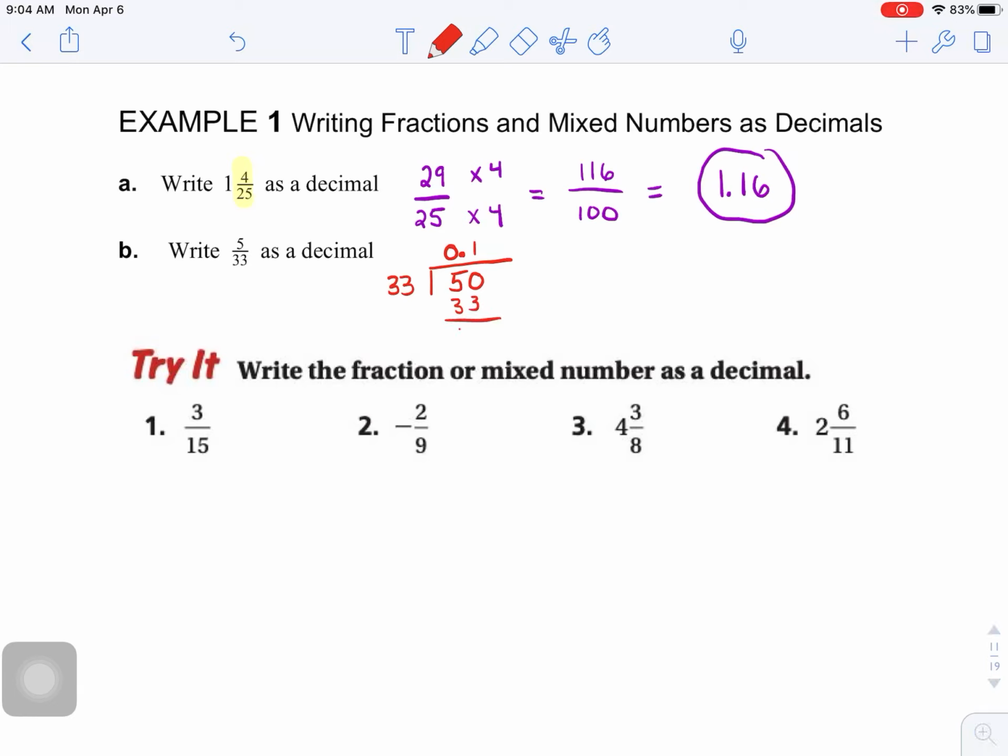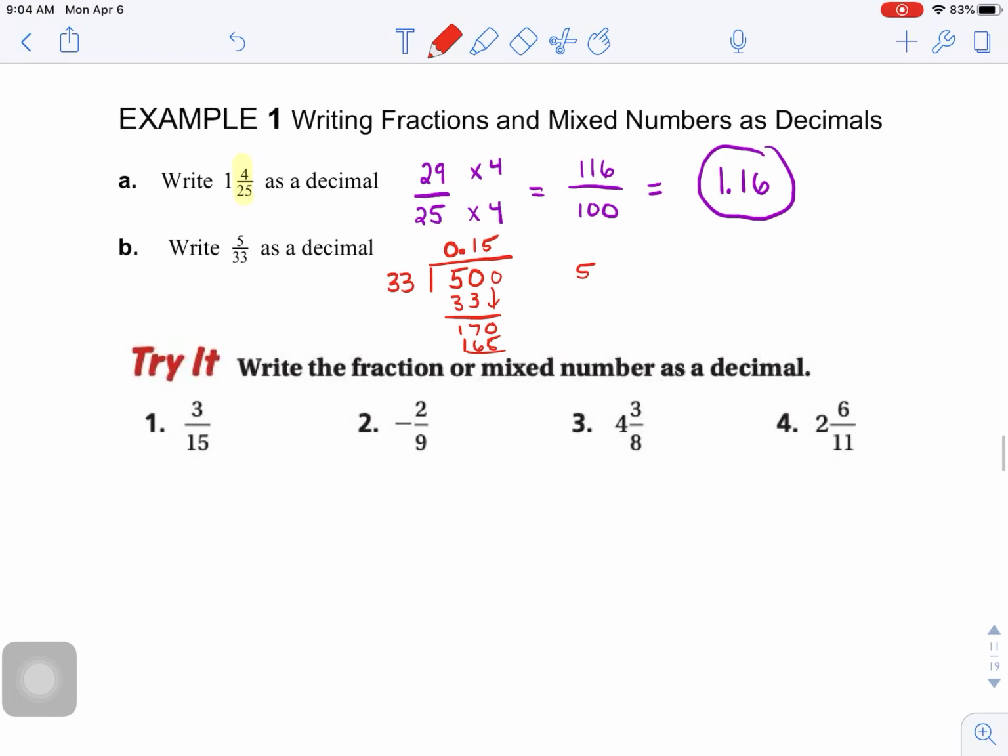We subtract, we get 17. Add my 0. 33 goes into 170 5 times. You get 165. When you subtract, you get 5.